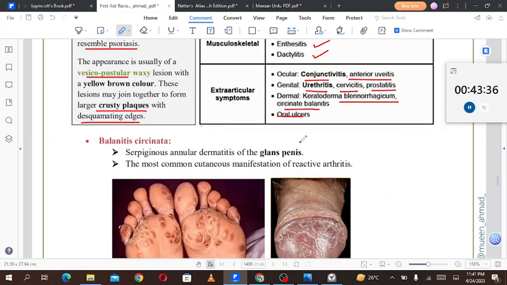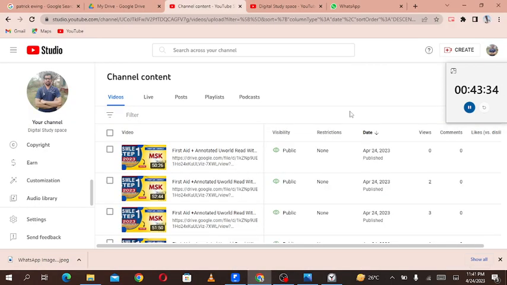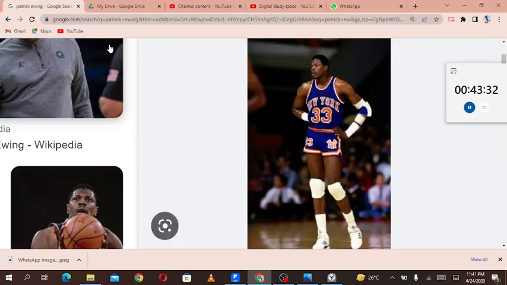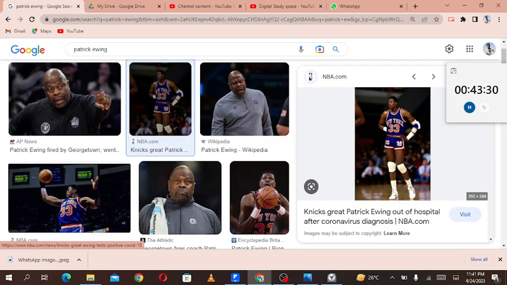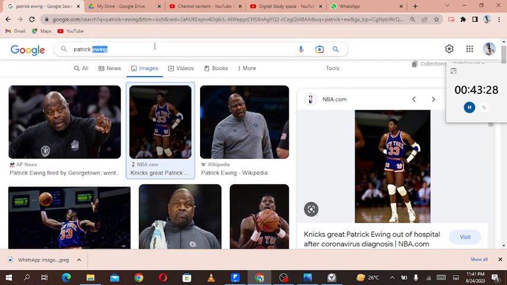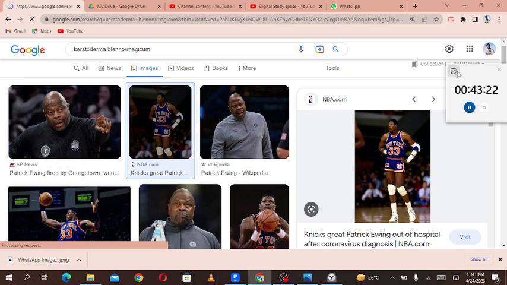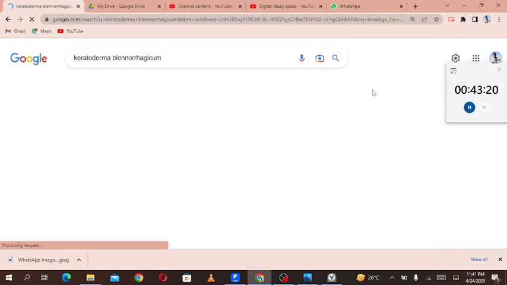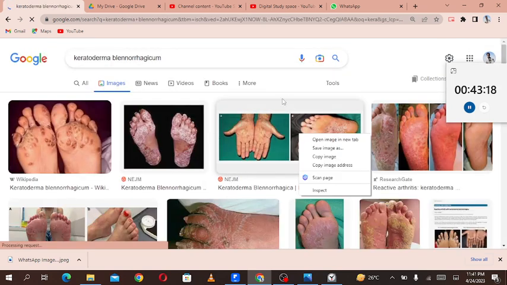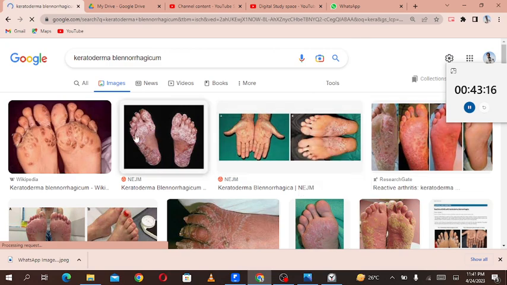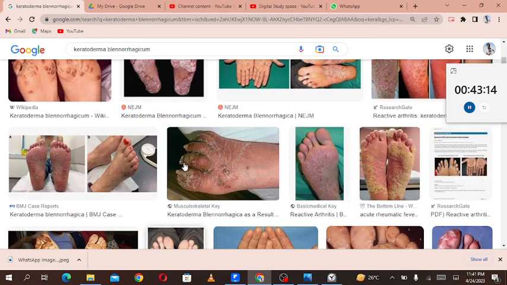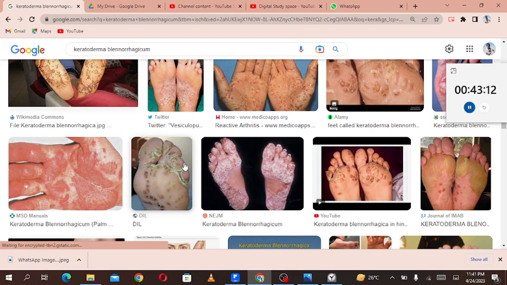Let's see a picture of that, since there's no picture here. Keratoderma blennorrhagicum is basically a condition with waxy, keratinized skin lesions.